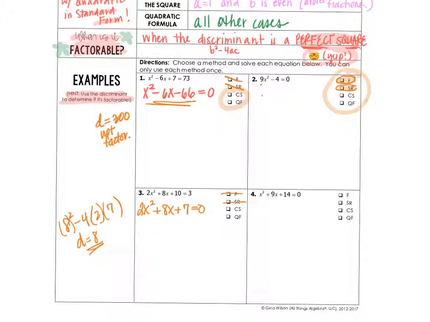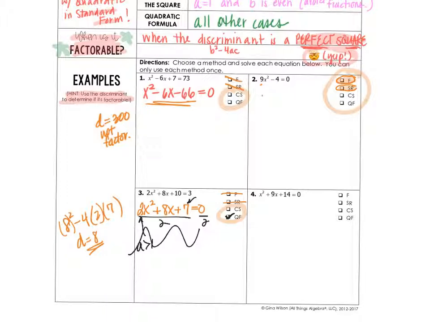So my options are completing the square and quadratic formula, but a is greater than 1, so that means I would have to divide off everything by 2, and I've got that 7 there, and 7 divided by 2 is a decimal. I don't know if I want to complete the square either, so I think the best choice is going to be quadratic formula here.